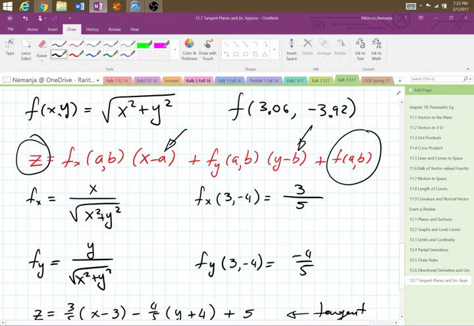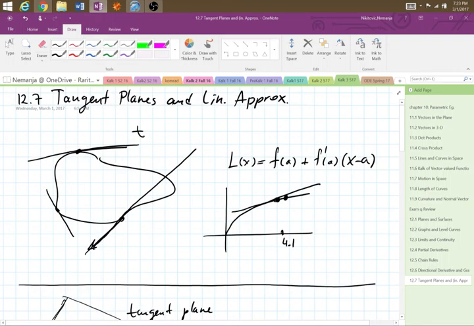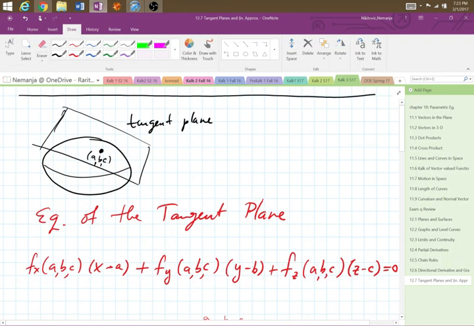Okay, good. The initial value, and then you change it a little bit. So this is the initial value, and you change it a little bit in x and a little bit in y, and you get to that new point. That's all it is. You have to have the starting point. The same like for the 2D case. Here's the 2D case. You start here, right, at f of a, and then you change it a little bit. That's actually what it is, except it's just written at the end, so that's why it's confusing.